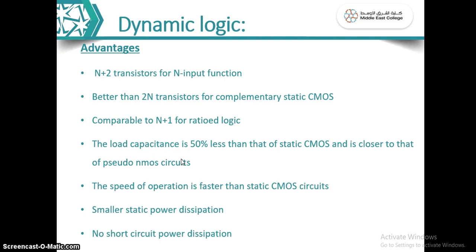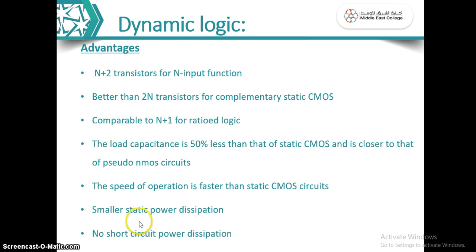But in the case of static, it has to go to both NMOS and PMOS networks. Because of that, our circuit operation is much faster than a static CMOS gate. Dynamic logic is around 4 times faster than static CMOS circuits.